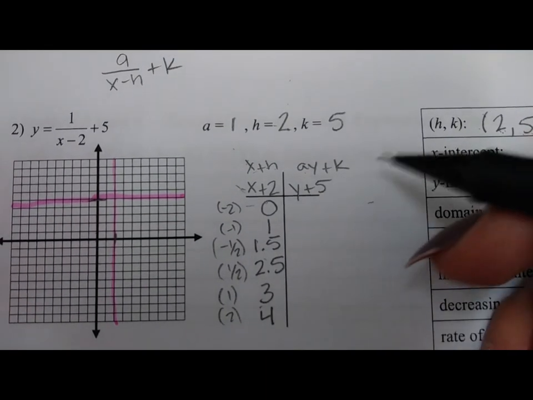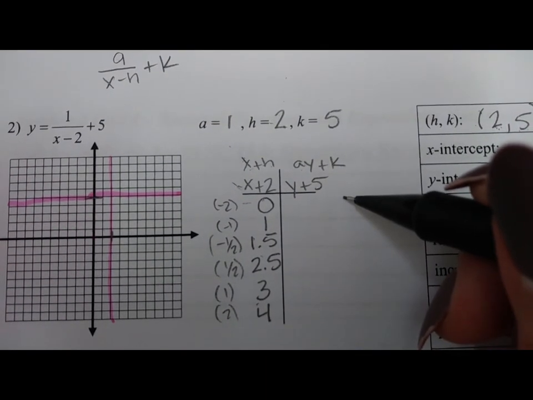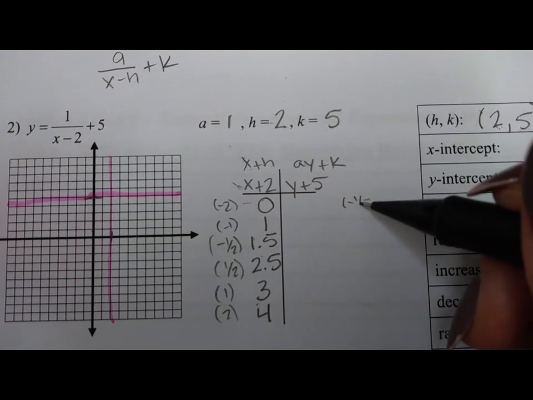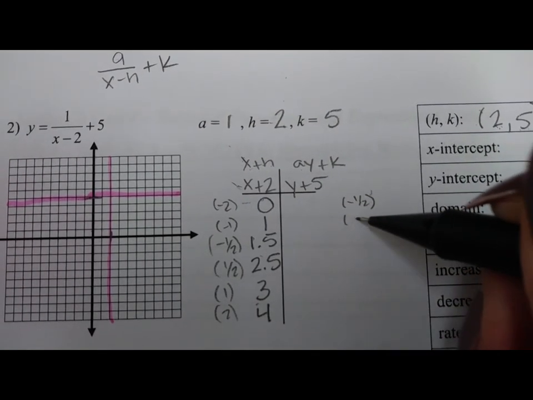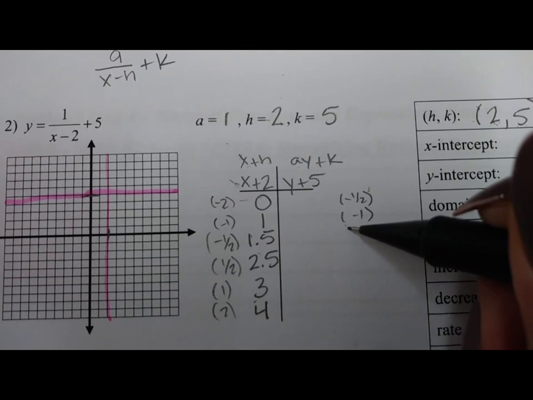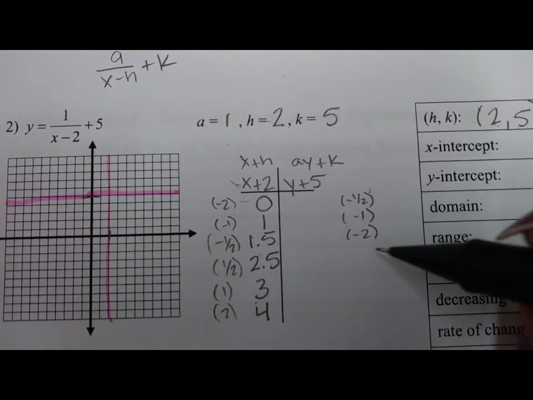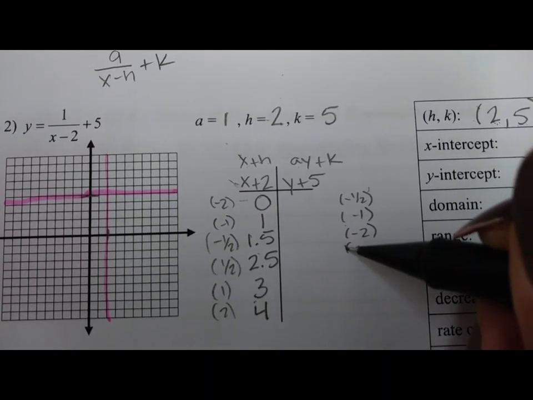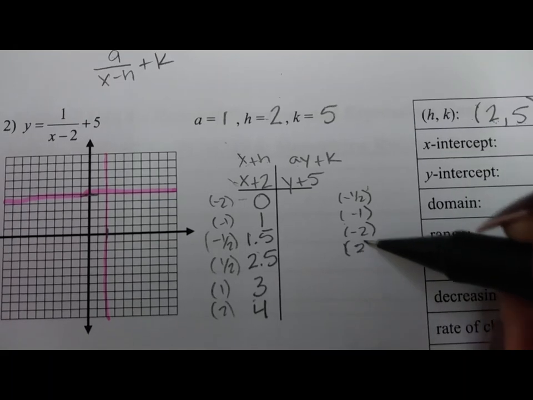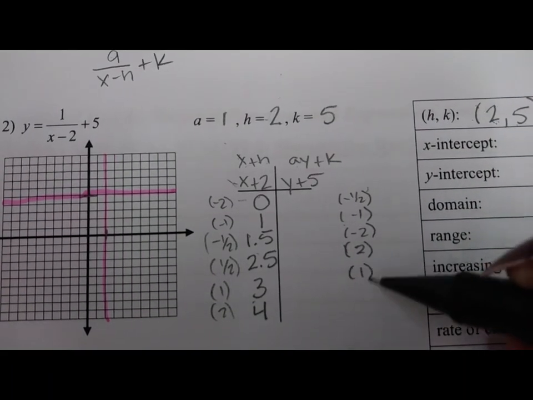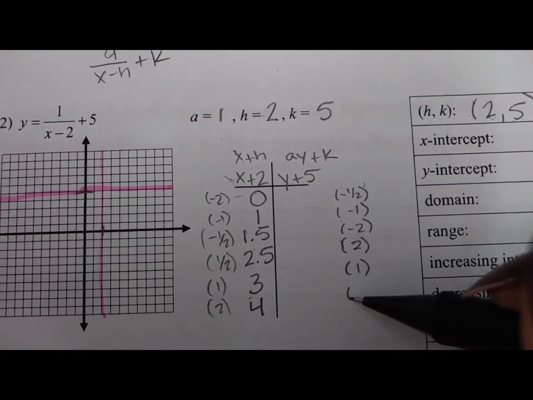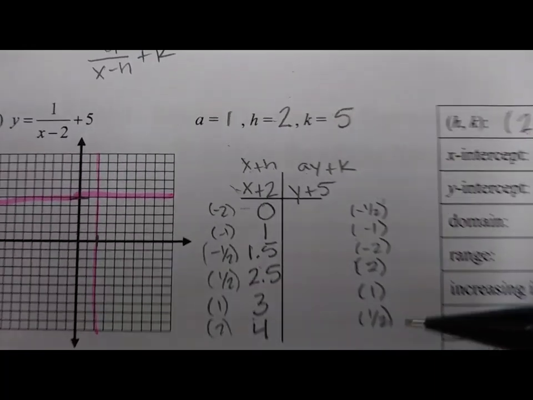Then on this side, we had -half, -1, -2, +2, +1, and +half.